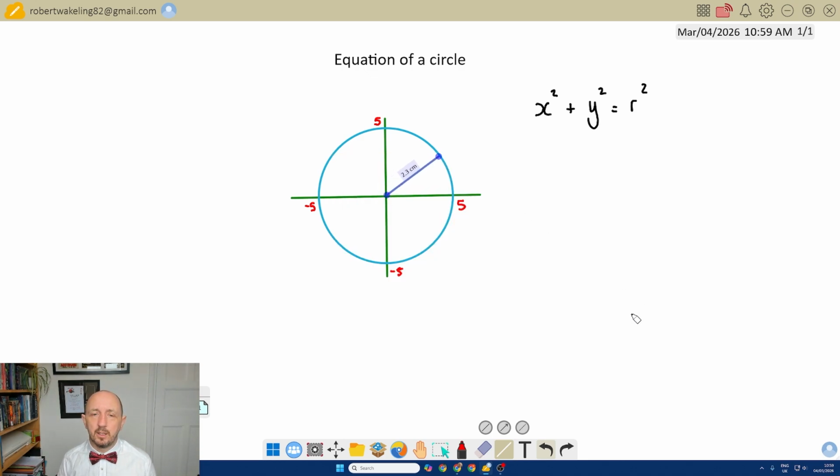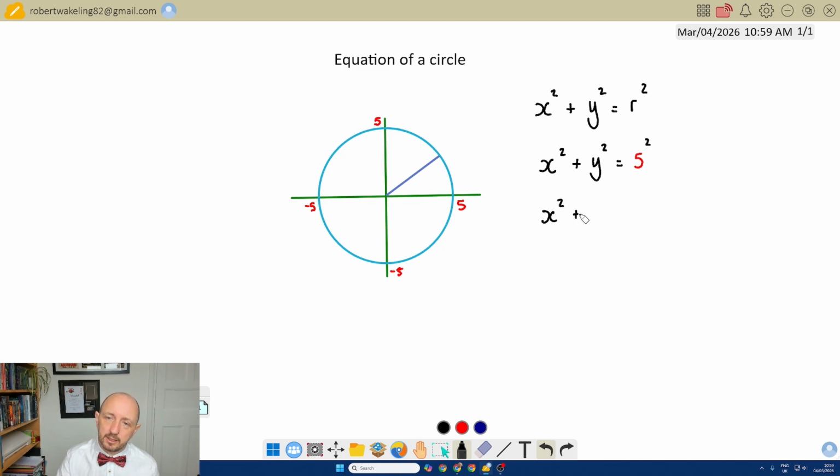When we're creating our equation, we simply replace r with 5 squared. So x squared plus y squared equals 5 squared in this case, and we can just work that out. 5 squared is 25, and that would be the equation of this circle.